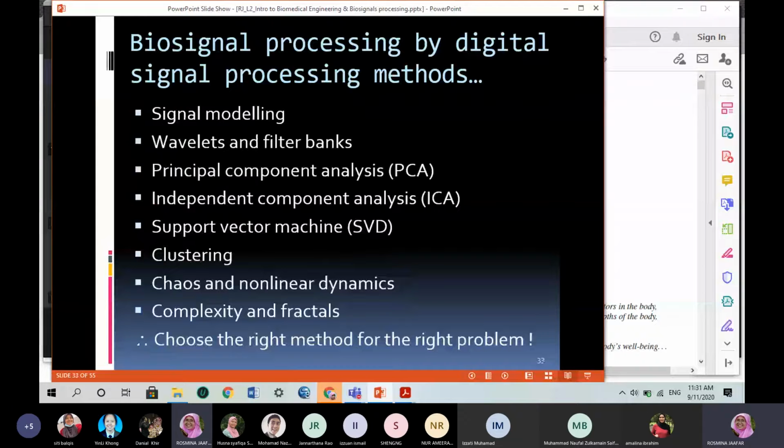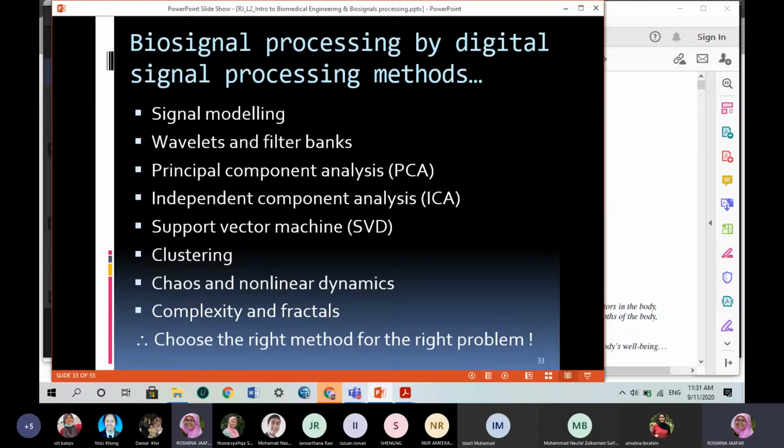You will also be dealing with signal modeling. Modeling means you represent a system based on a model. So for example, you have a respiratory system. This respiratory system has input from the brain. So you want to model a respiratory system.